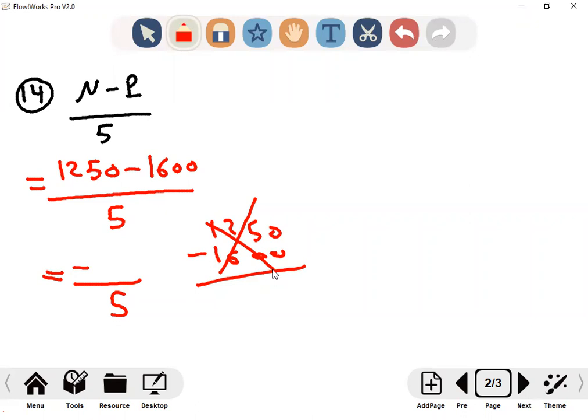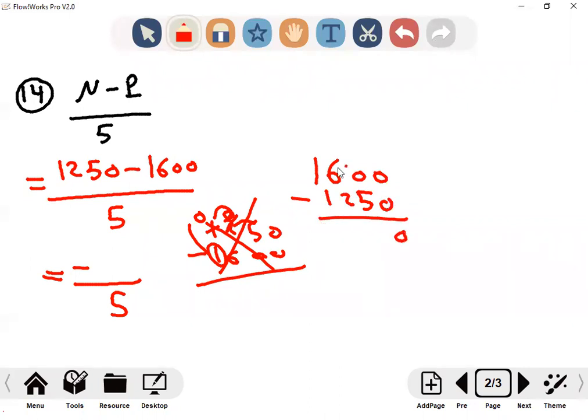So here, when you come to subtract big numbers, don't always put the first number on top. Here, this one is smaller than this one. You will borrow for the 5 and you will borrow from the 1. This will be 0 and this one. 0 minus 1, how will you get? Right? So what do we put up? The bigger number. What's the bigger number? 1600 minus 1250. Subtract. 0 cannot.